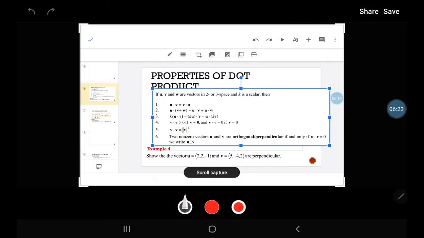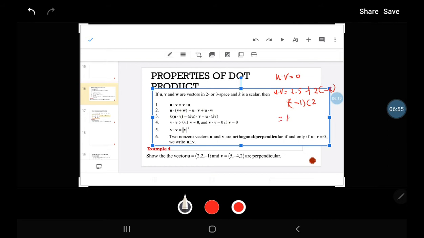This is so annoying. Okay, so now u times v must be 0 if the vectors are orthogonal or perpendicular. So u times v in this case is 2 times 5 plus 2 times negative 4 plus negative 1 times 2.